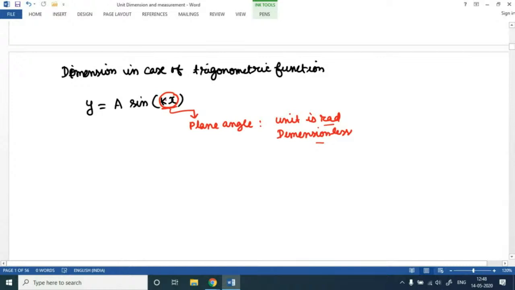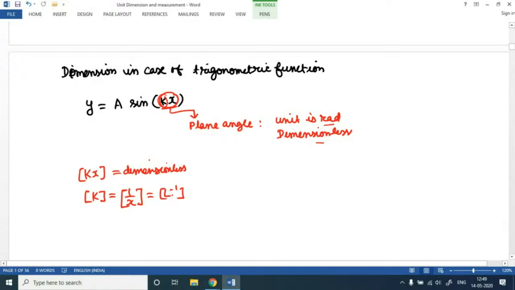So if x has a dimension of length, we can find out the unit and dimension of k. Obviously kx is dimensionless, so clearly the dimension of k would be same as the dimension of 1 by x, or simply L to the power minus 1.